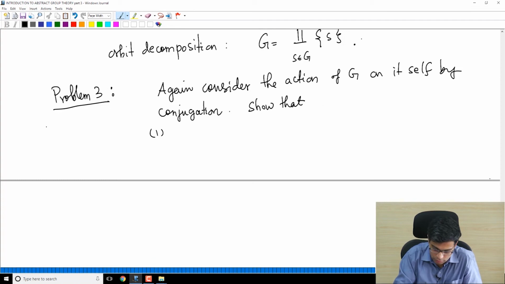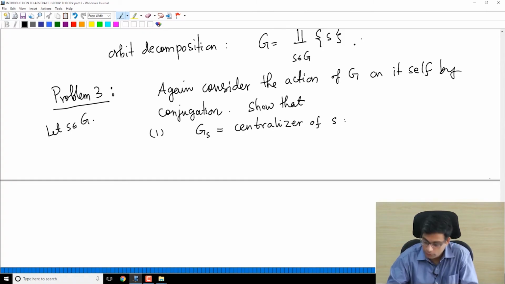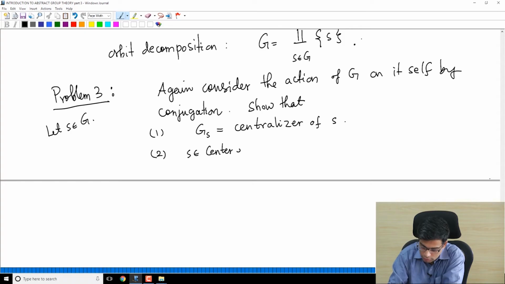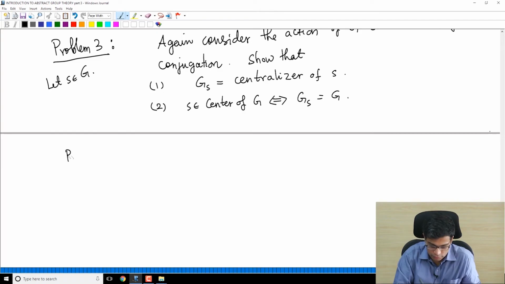So let s be an element of G. Show that the stabilizer of s is the centralizer of s. I will recall in this problem what the centralizer is. And show that s belongs to the center of G, I will also recall for you what the center of the group is, if and only if the stabilizer is all of G. Okay, so this is the problem. So let us solve this.